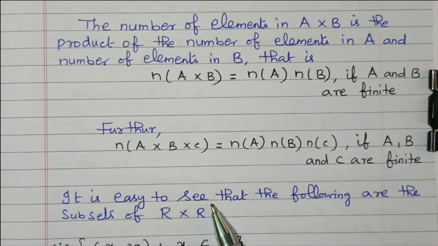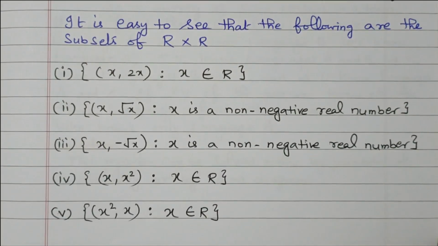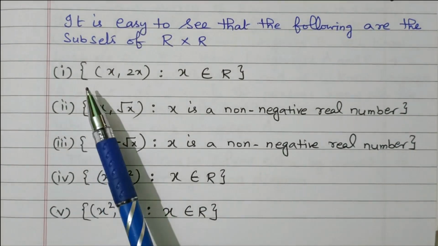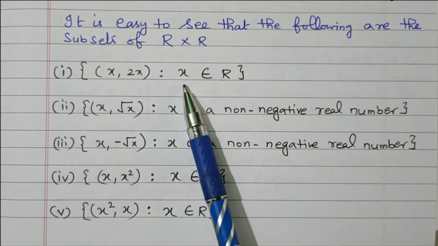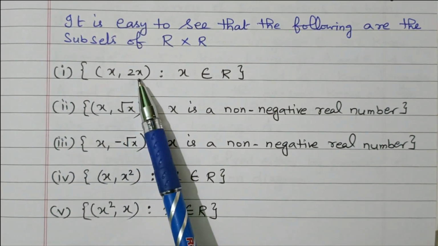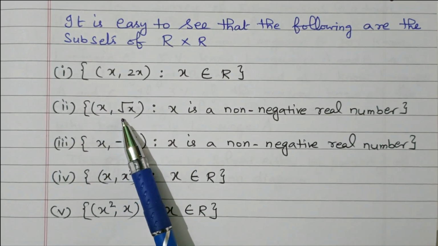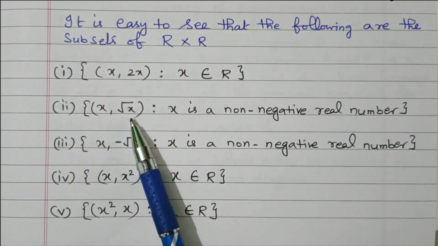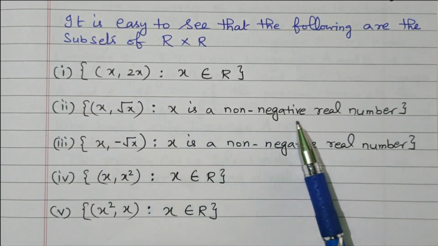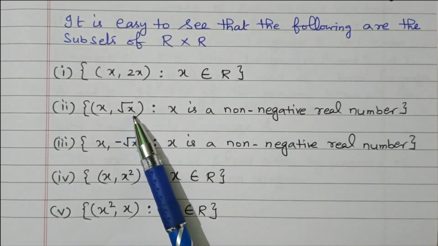It is easy to see that the following are subsets of R cross R. R is nothing but the real numbers. We will see what subsets are possible for the real numbers. The set of (x, 2x) such that x belongs to R. The set of (x, root x), such that x is a non-negative real number, because we are going to take the square root of a non-negative real number.